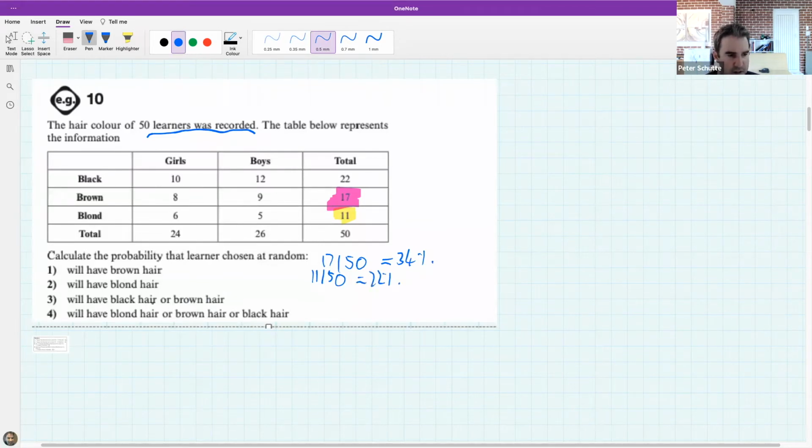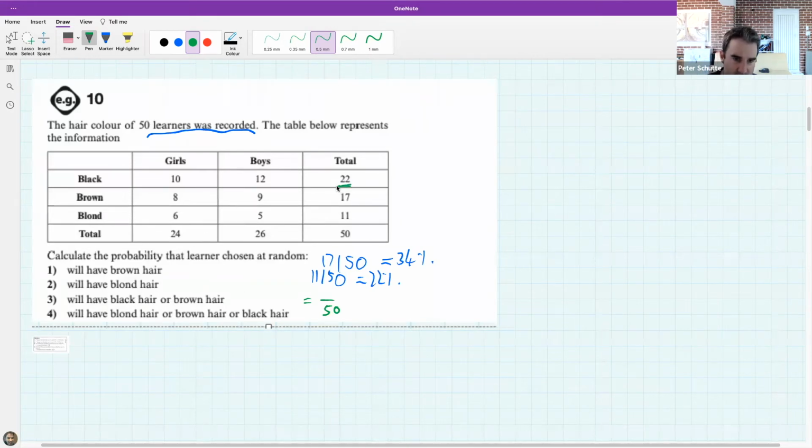For question 3, we'll have black hair or brown hair. So this is where we have to be a little bit more careful. Black hair or brown hair. It's still going to be out of 50, right? Because for all of these questions, the class is out of 50. But a favorable result for us is going to be having black hair or brown hair.